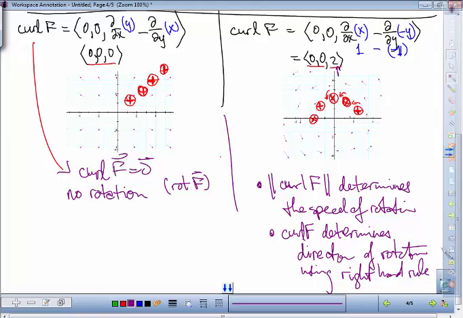Okay. So now we've established a couple of derivatives, well, we've reestablished the gradient as a derivative of a scalar function. Now we have two different derivatives that we have defined for vector fields. We have the div and the curl.